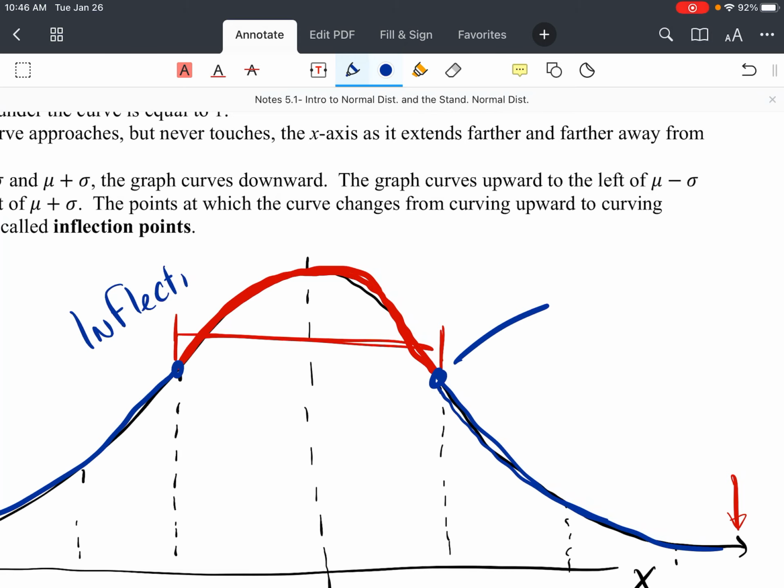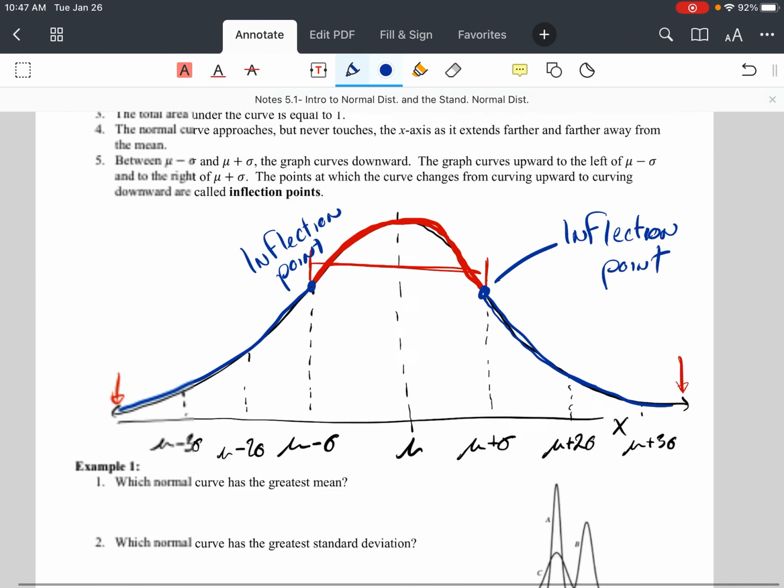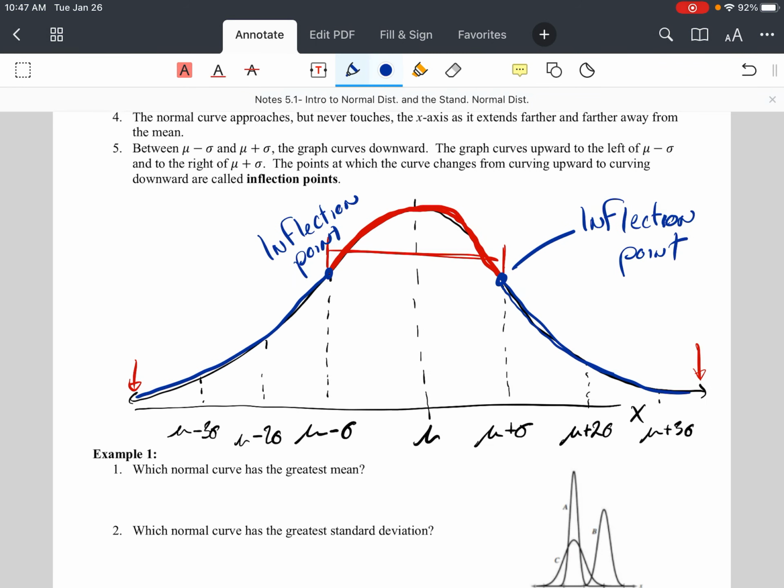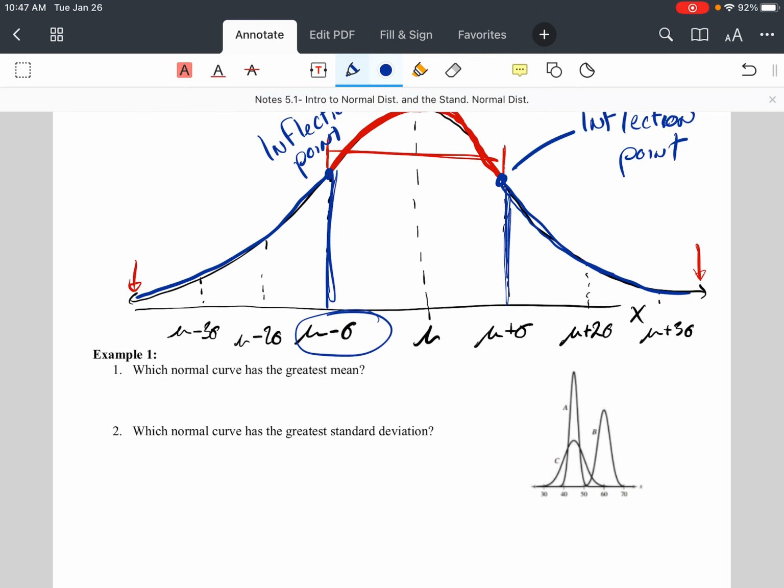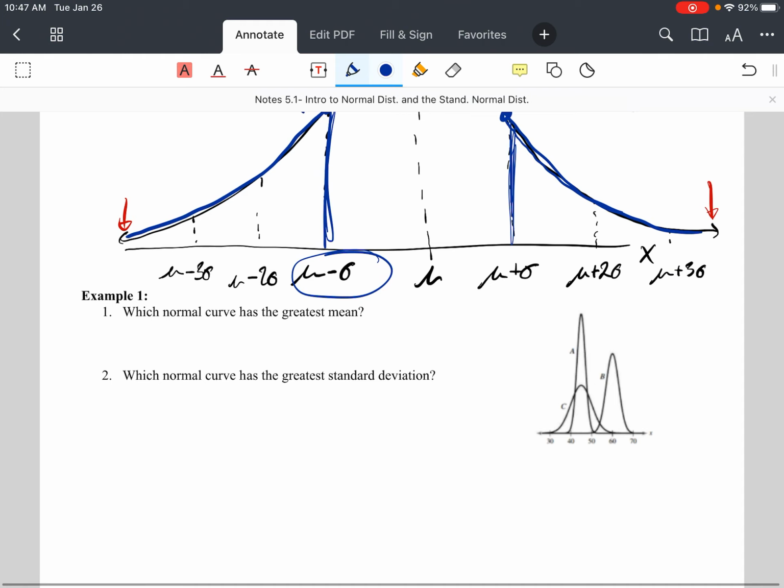This is called an inflection point. An inflection point is simply where it changes from a downward facing curve to an upward facing curve. And it will always happen this way in a normal distribution. It will always hit at 1 standard deviation to the left and to the right.